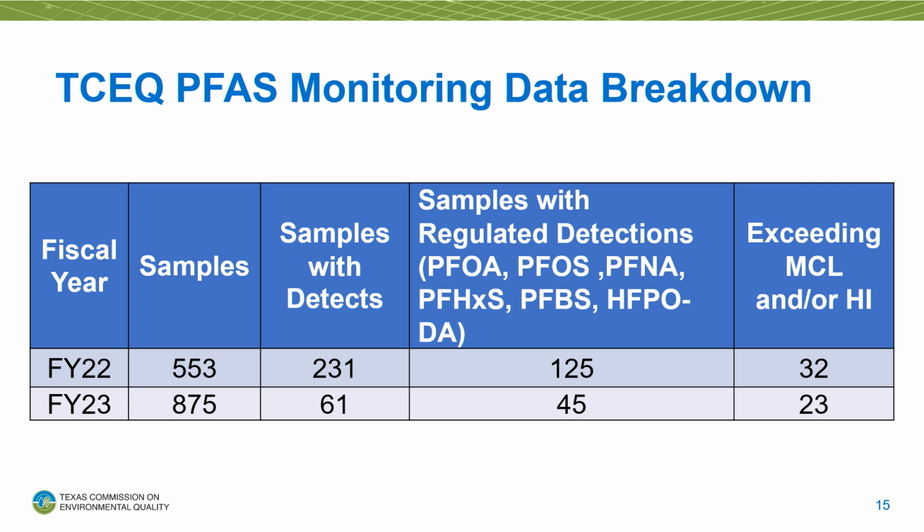For 2023, 875 samples were collected. 61 samples had a detect of one of the 29 PFAS, and then from there, 45 had a detect of one of the 6 regulated PFAS. And then from those 45, 23 of those exceeded the MCL or the hazard index.